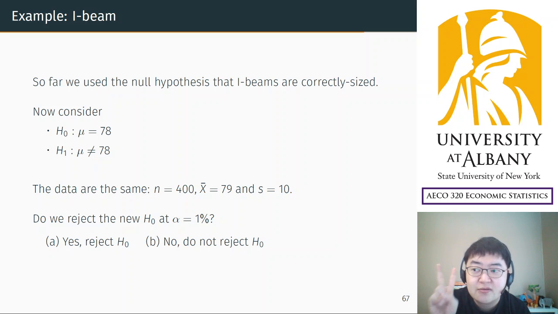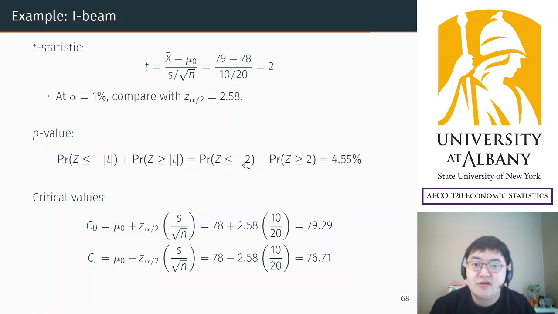3, 2, 1, turn. So I gave you all the three methods. If you use the t-statistic, you get 2. And at 1%, you have to compare this with the threshold 2.58.